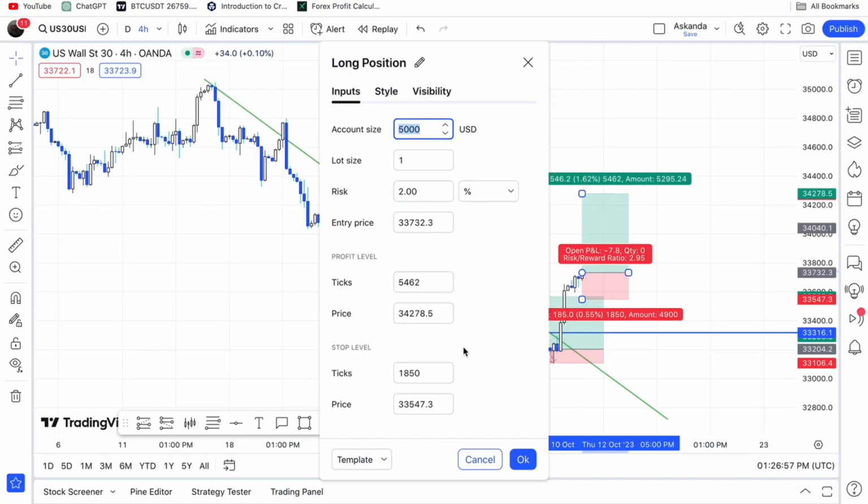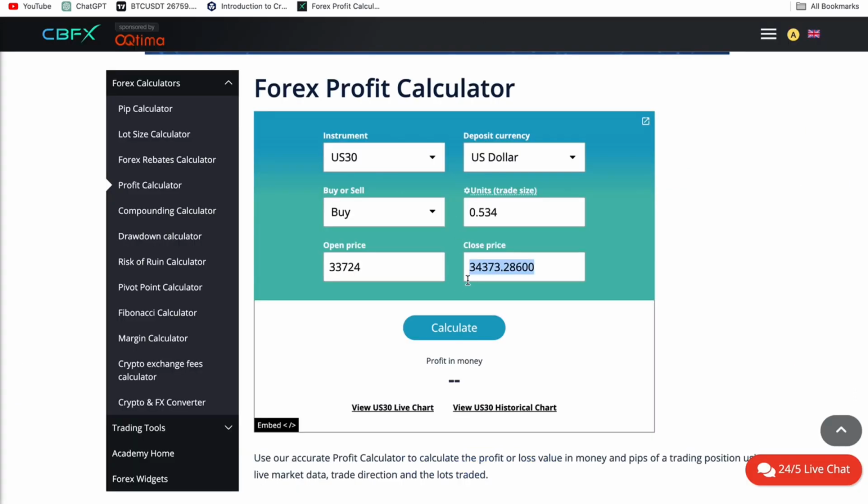Remember, our take profit is around 34,278. Then we click on OK. So you can see we are going to make almost $300. We are risking $100 to make $300.